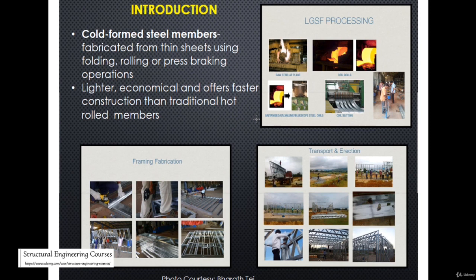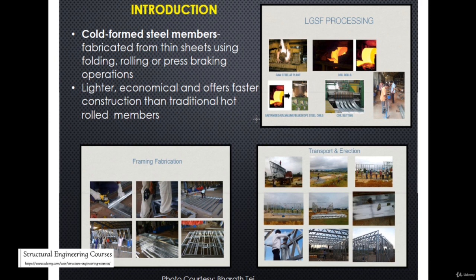There are three prominent codes used for cold rolled structural steel design: the American, the New Zealand, and the Indian code. IS 801 is the Indian code for cold rolled structural steel design, and AISI is the American standard.